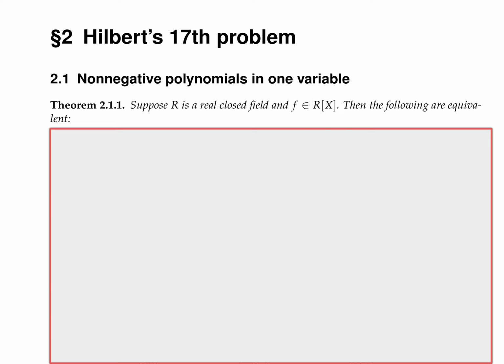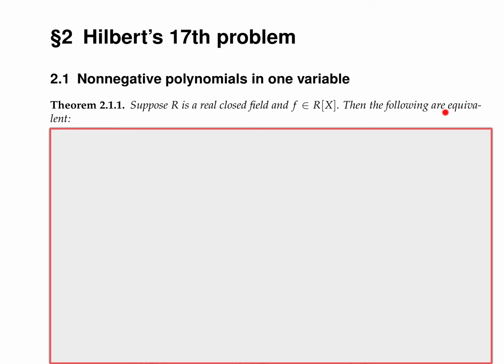We are doing everything already over ordered fields or real closed fields as far as possible, of course. It's also already interesting if R is the field of real numbers. Suppose R is a real closed field and F is a polynomial in one variable, capital X, over R, a univariate polynomial.